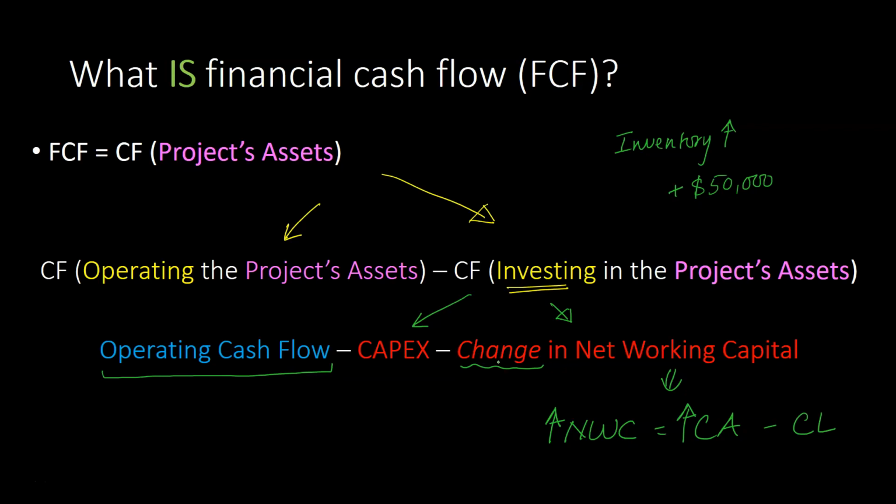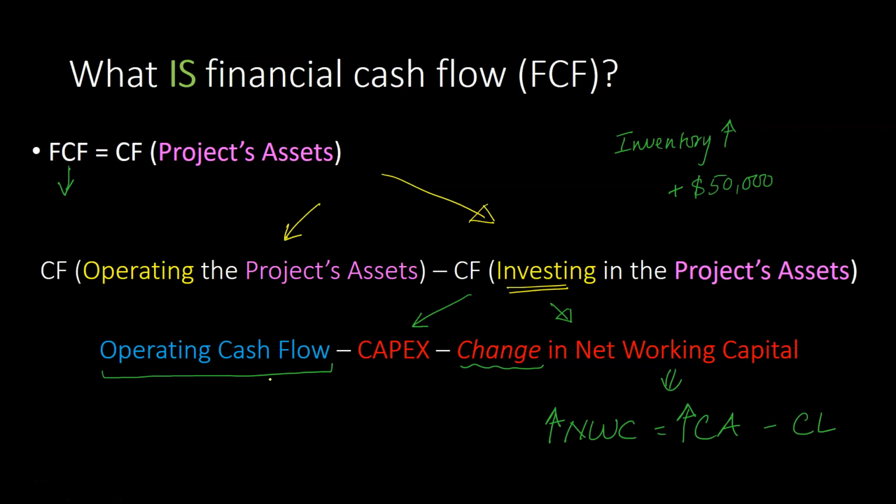That is an alternative way of saying that our financial cash flow is going down, or decreasing, by $50,000, which is exactly what's happening. More of our money is getting tied up in inventory and therefore in the short-term assets. And this is our way of acknowledging a short-term investment in assets as well.